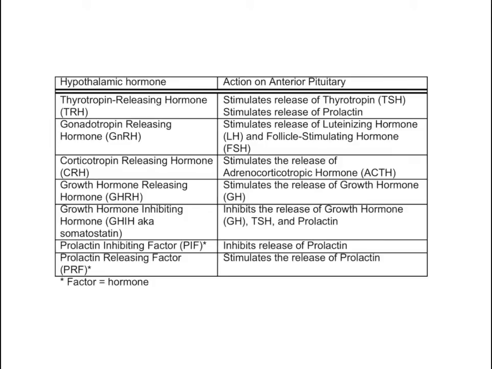And then prolactin factor, that's necessary for releasing prolactin that's involved in feeding newborns. And they are, again, both inhibitory and stimulatory functions to the hormones released by the hypothalamus.